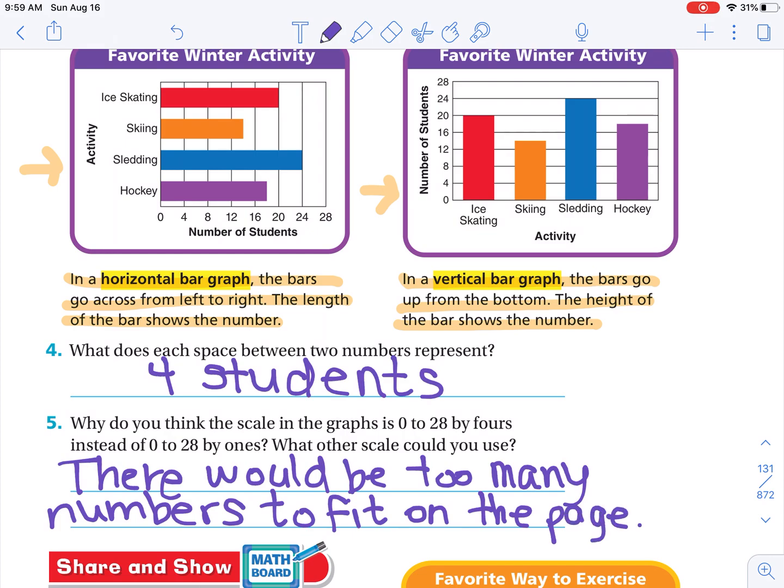Okay, and then to answer the second question, what other scale could you use? You could count by 2.